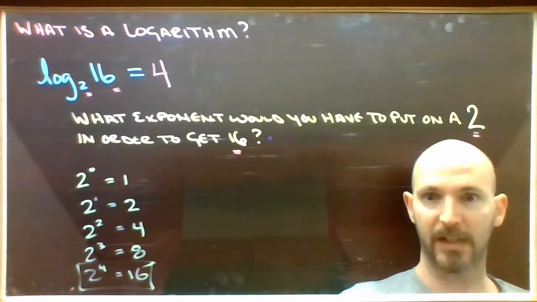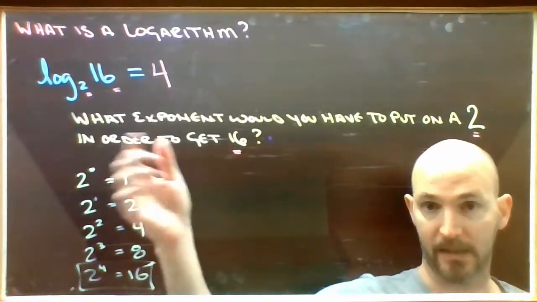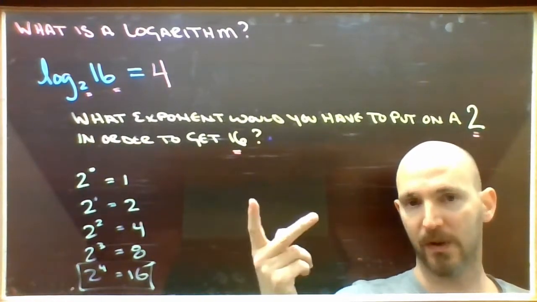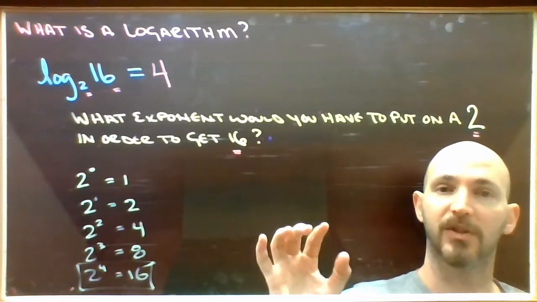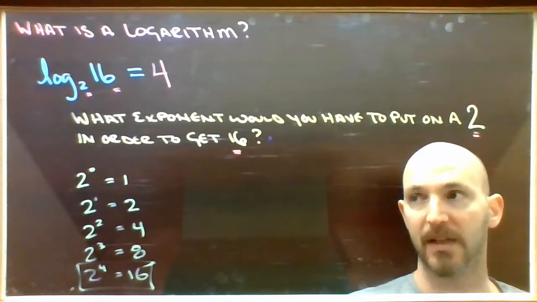Which leads to an interesting feature of logs and exponentials, that you can flip back and forth between the two forms in order to see if you can solve them more easily.